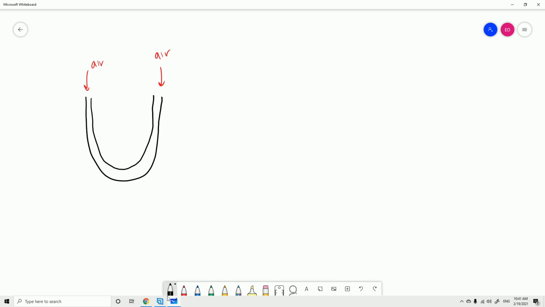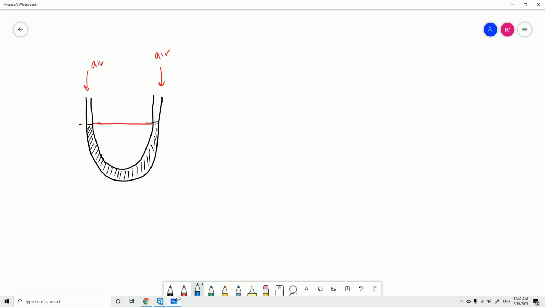Then what do you think would be the levels of each of these two different tubes? Well, given that the air pressure is the same on both sides, you're going to have an exactly level height between the two tubes, right? So the height difference is going to be 0.